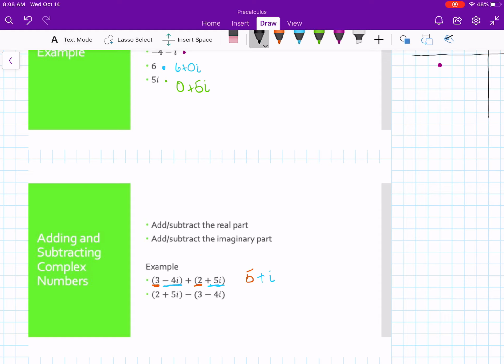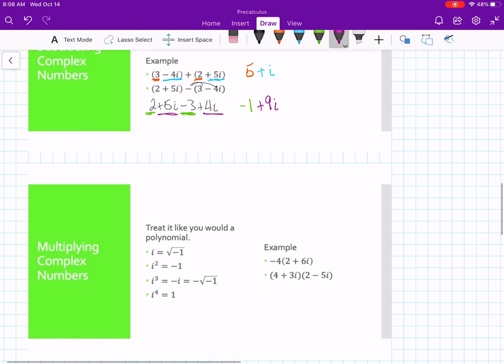For this subtraction one, remember, this is like 2 plus 5i minus 3 plus 4i. We distributed that negative. So if we look at the real parts, 2 and minus 3 gives us -1. And plus 5i plus 4i is going to be plus 9i.